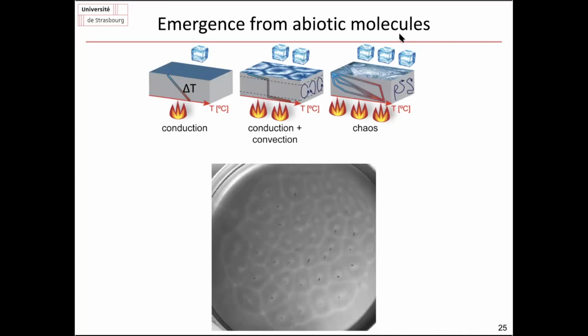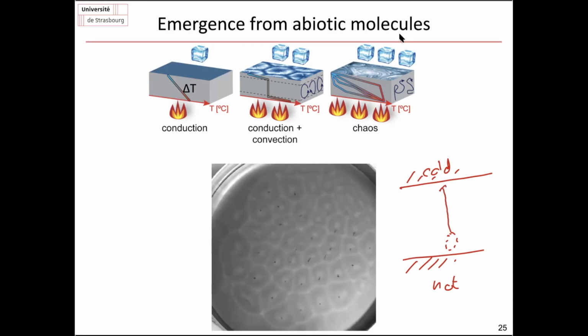So if you would look from the side, you have, let's say, the hot region here and the colder region here. And if you have a packet of water, let's say in this region, it is warmer than the environment above, so the density is lower, so it wants to go up. And a packet of water here is more dense than what is below, so it wants to go down.